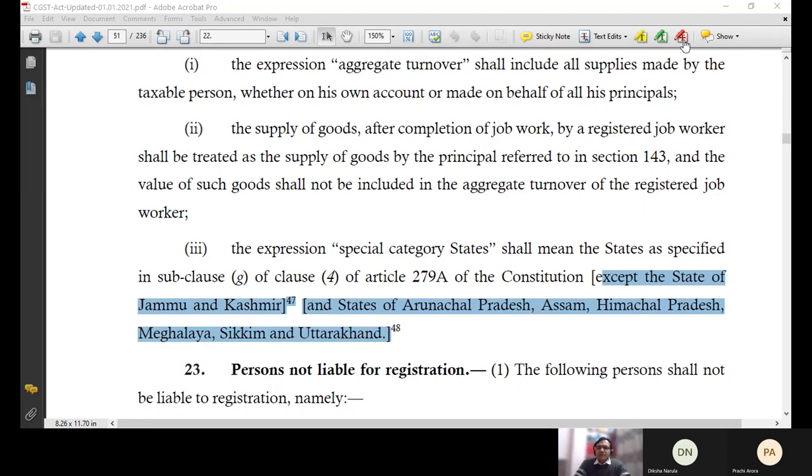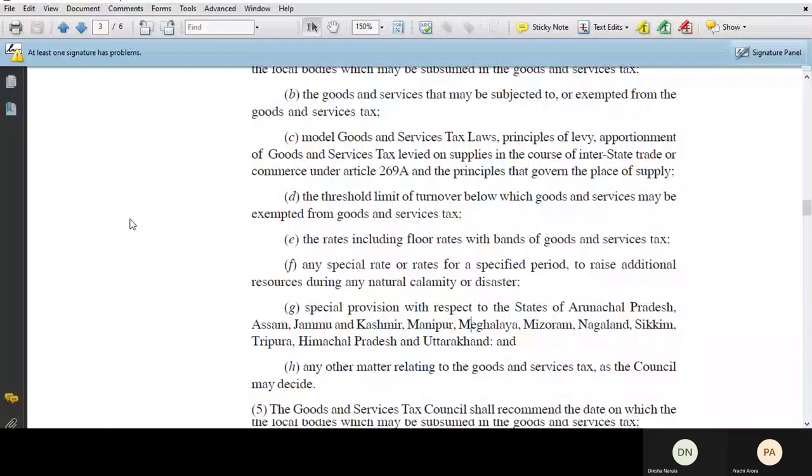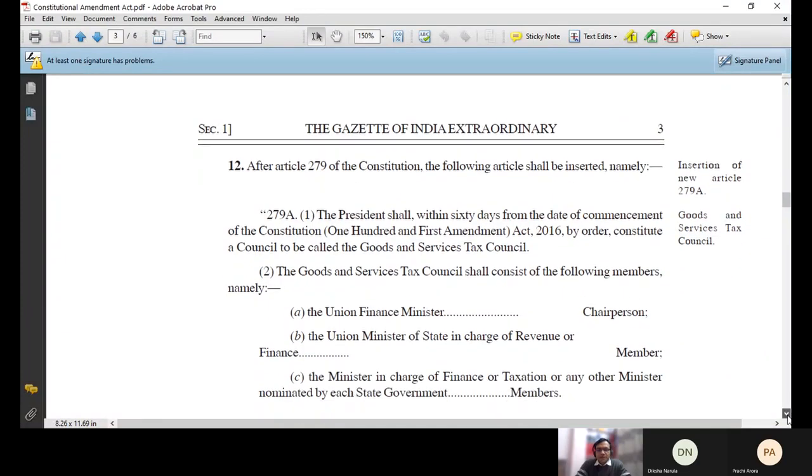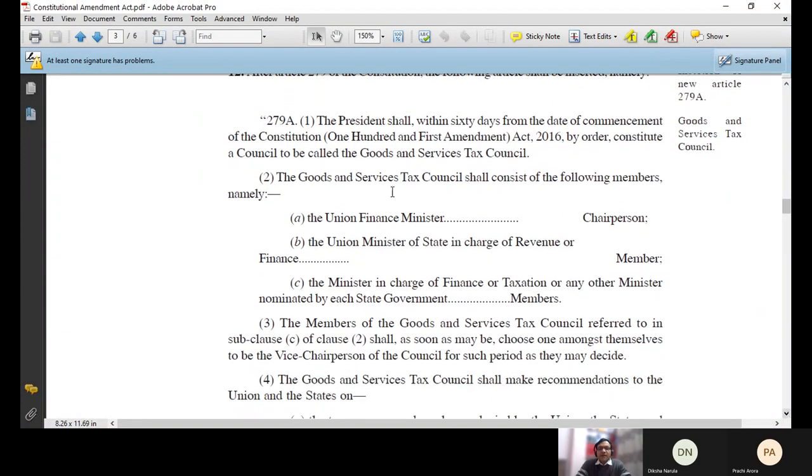Now see this Indian Constitution Article 279A. I hope it is visible. This is my Article 279A.